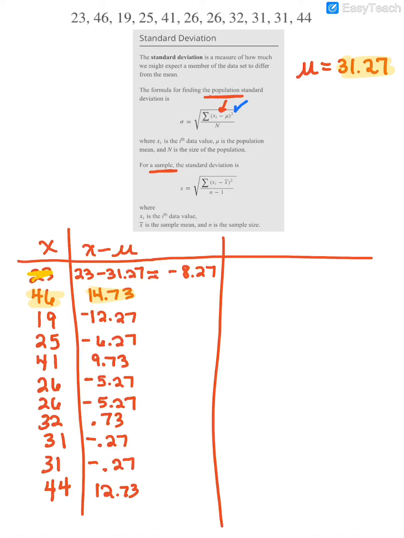Notice the power, it says to square that difference. So on my calculator, I'm going to take negative 8.27 and square it. As you were punching it out, you could have squared it right away instead of coming back and having to punch them out again. But I'm going to pause the video and get them all punched out.